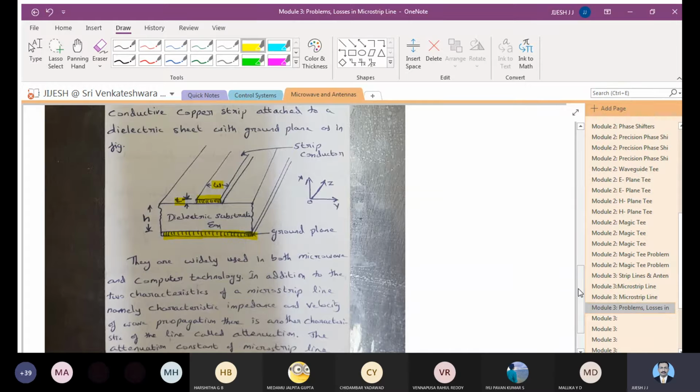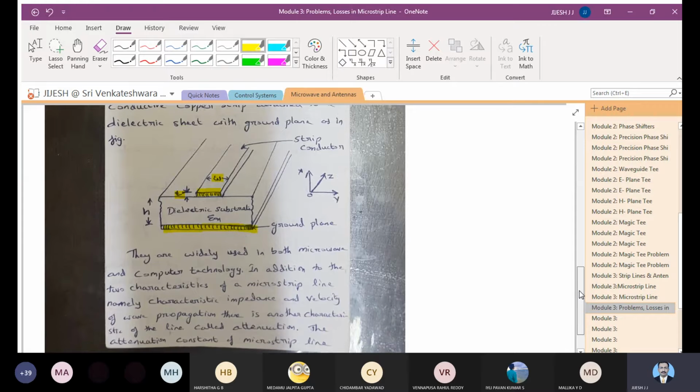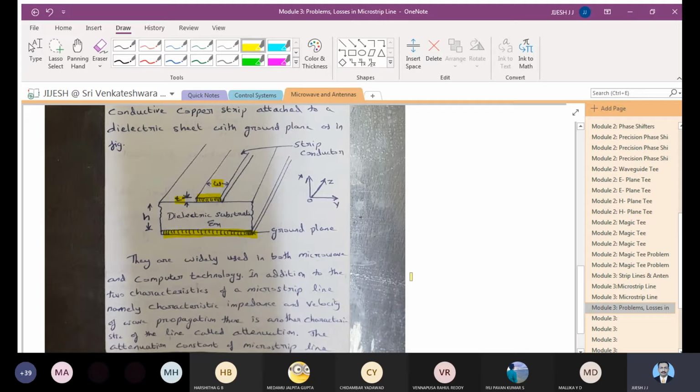This is just an introduction about the losses, and we'll see each loss, like dielectric losses, in detail with specific equations. Once you complete it, let me know and we'll continue further with the equations and each loss in detail.